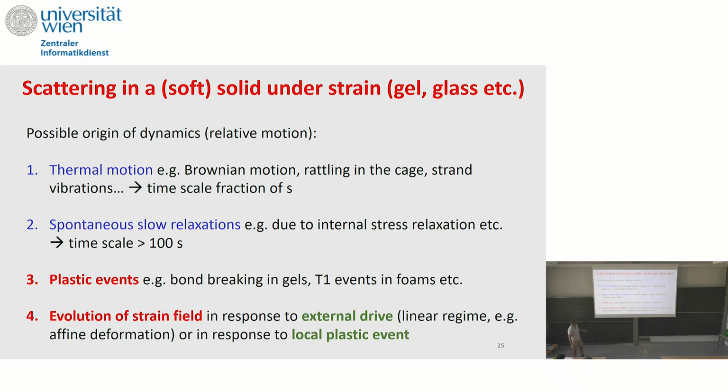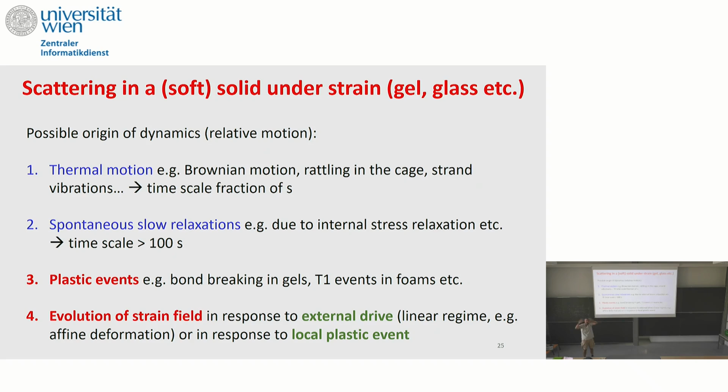But even this point 3 will give some strain field in the sample, because imagine again your gel network. You break something here, okay? But Mehdi has shown us that if you take a gel at rest, part of the gel will be under tension, other parts under compression, and so forth.